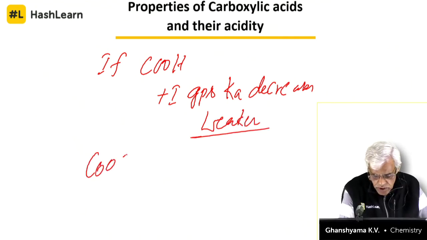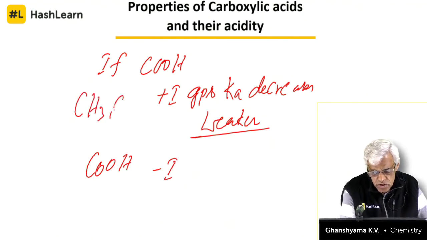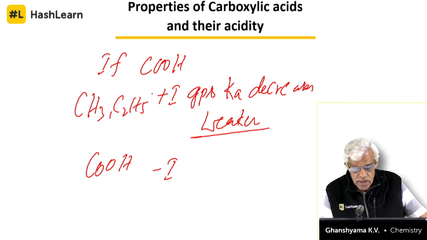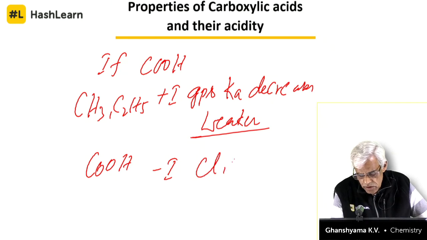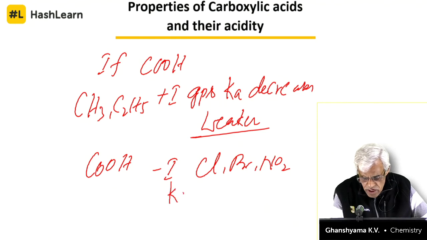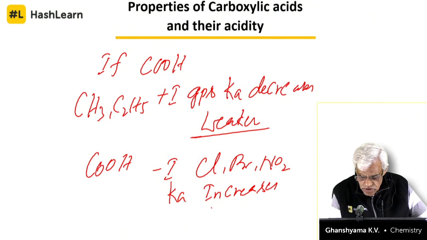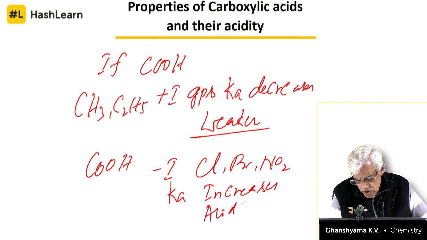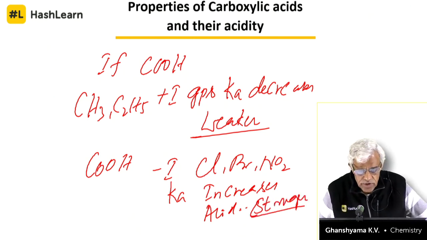If COOH is connected to minus I effect groups like Cl, Br, NO2, etc., then Ka increases. When Ka increases, the acid strength increases and the acid becomes stronger. You already know this. Yes, acidity decreases.